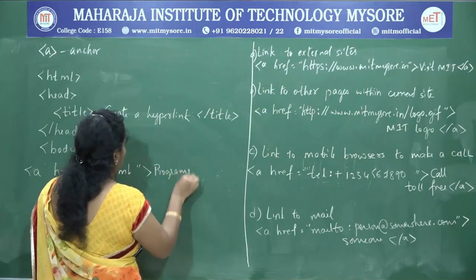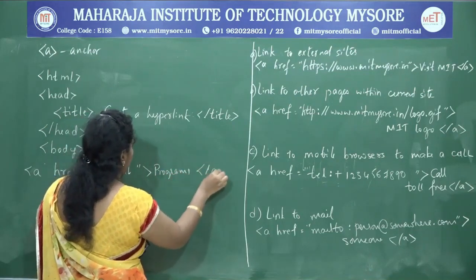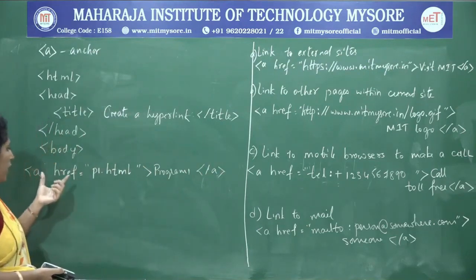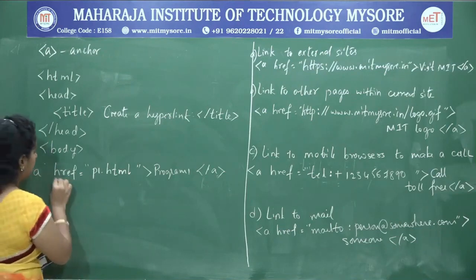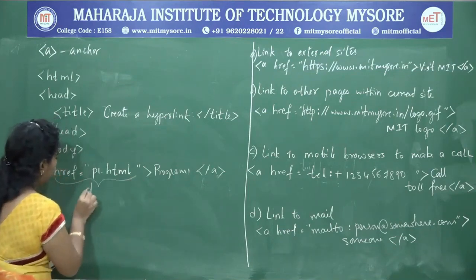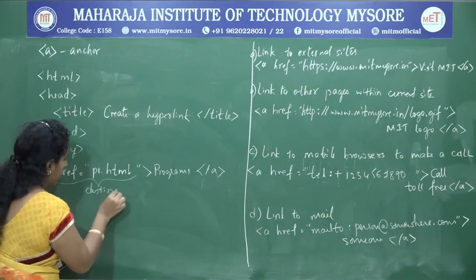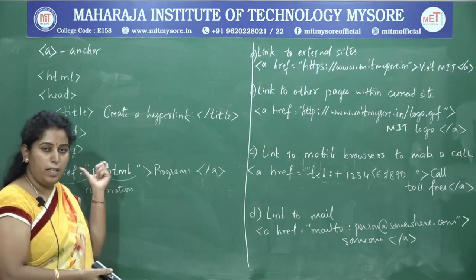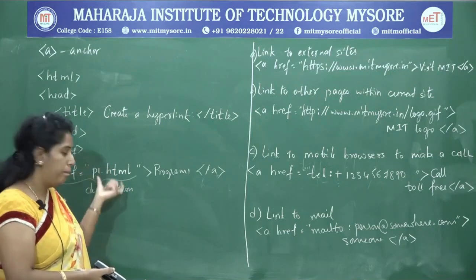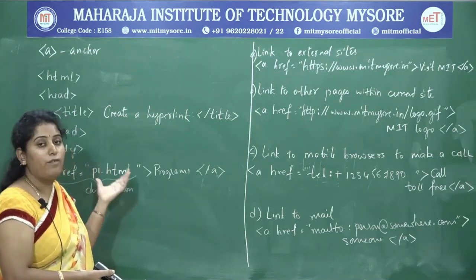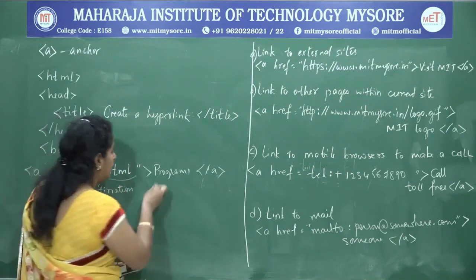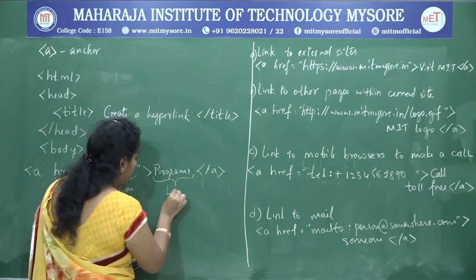Program 1. Then close the anchor tag. Okay, so now by looking at this example, you can notice here this is what we call destination. So destination represents where we provide a link or a path from where we need to access the document or a resource, and this part we call a label.